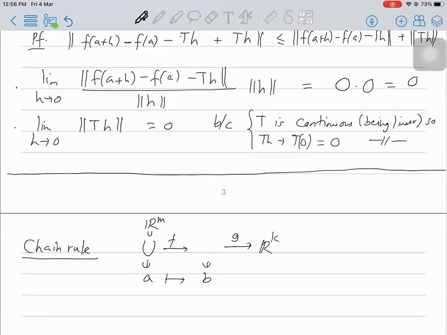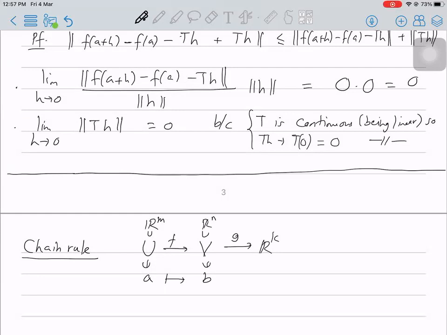The point is that this B should be in an open set which is contained in the domain of the second function, for me to apply my definition of the derivative. So I need to have as part of my hypothesis that the function G has as its domain an open neighborhood of the image of A. So V is sitting inside R^n.